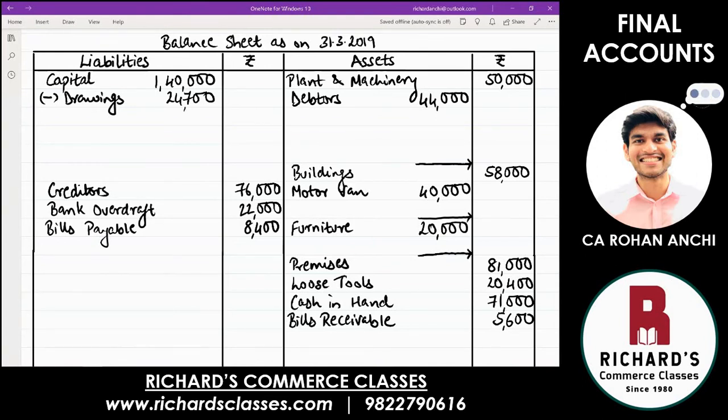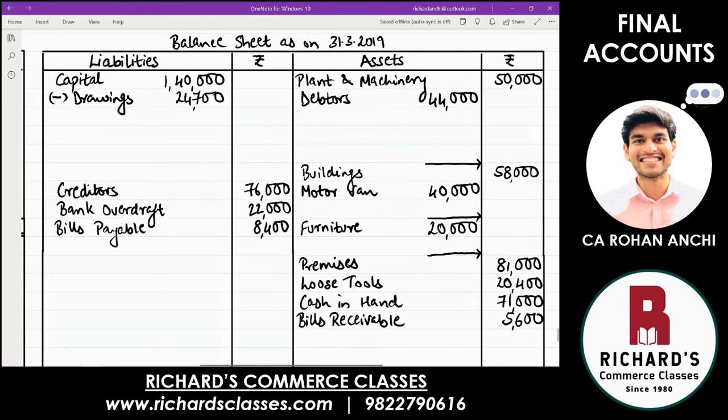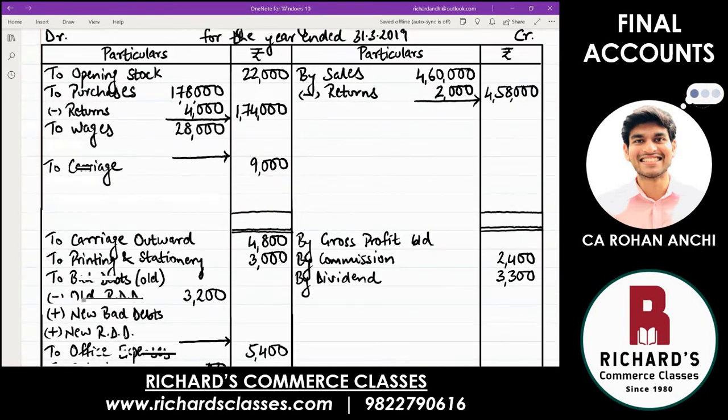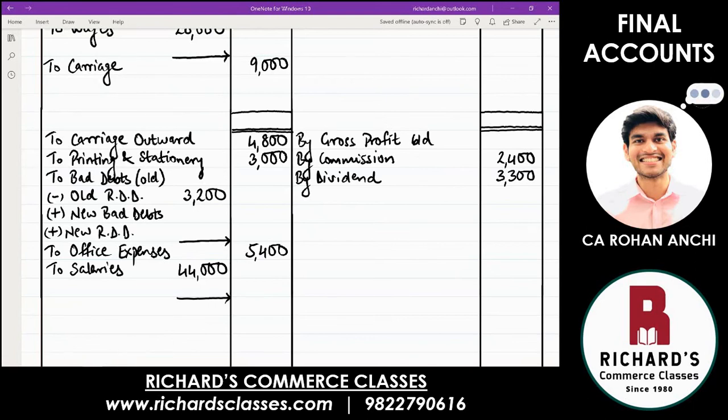Okay. Then the next item, bad debts. We have already written those 4 items in the profit and loss account debit side. Bad debts, the one which is already given, that is old bad debts. So at the first item there where we have written bad debts old, write down 2,400.